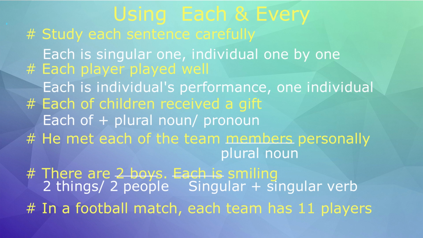So two things or two people. So there are two boys, each is smiling. So what I mean to tell you is each of them is smiling. So each is singular, like I said. So definitely the verb that follows is singular because we are using a singular word here.